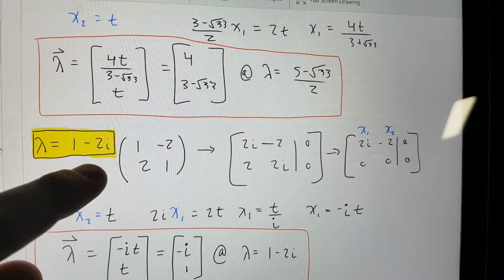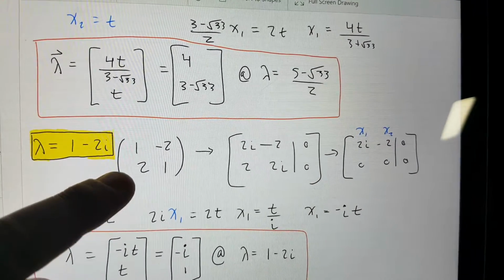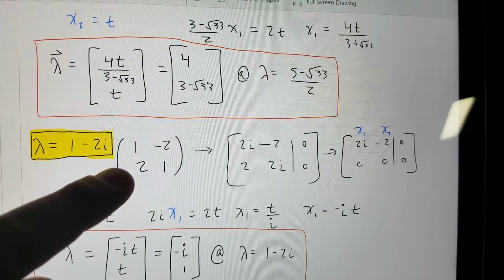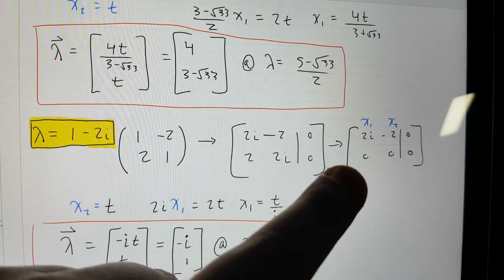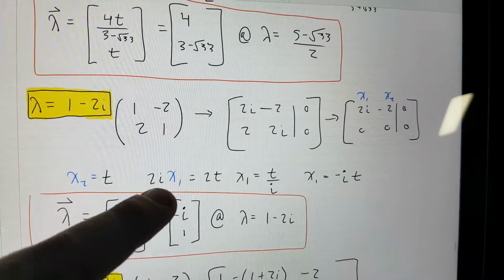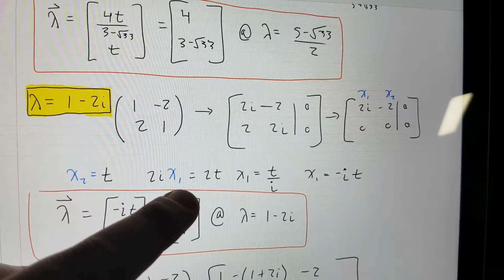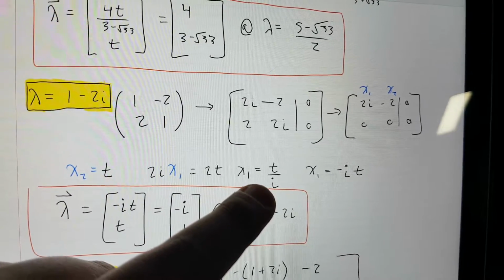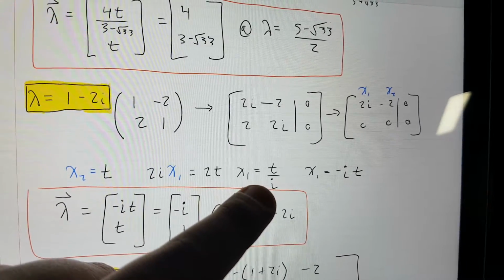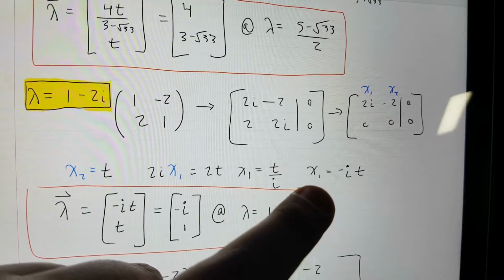Now for the imaginary stuff. So we go ahead and pop this in. This is our matrix. We're going to get this out of it. Go ahead and put zeros at the bottom. X equals t. Solve for x1 in terms of t. That'll give us t over i, right? Remember, 1 over i is the same thing as negative i.